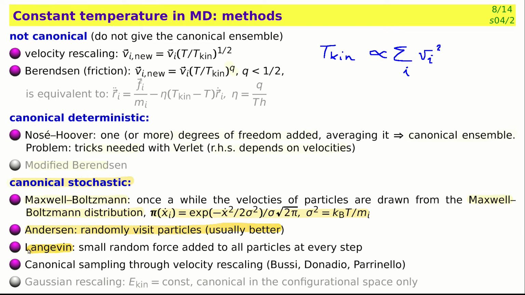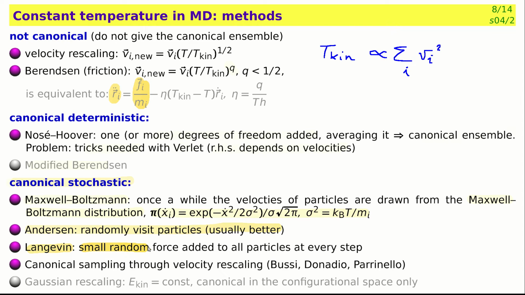But there is even a finer way to do it. It's the so-called Langevin method, and this is based on modifying the equations of motion by adding a random force. This random force is added to all particles at every step, but it must be really small. And if this force has the correct properties, we'll get a thermostat.